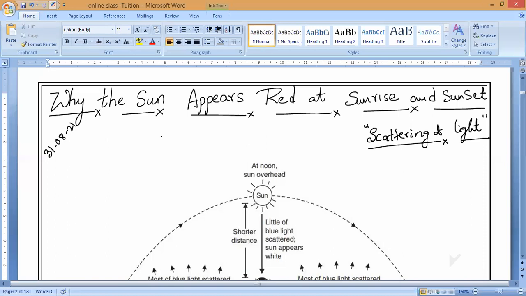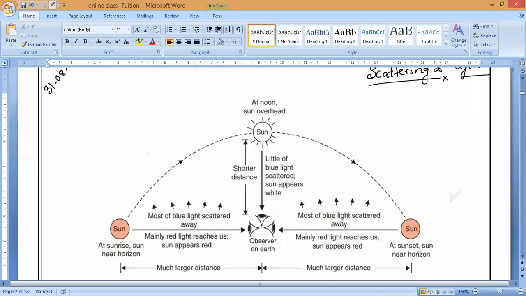If you observe very carefully, this picture will give you a clear idea regarding the sun during sunrise, during sunset, and at noon over our head. If you see here, the sun and the surrounding sky appear red at sunrise and sunset because at that time most of the blue color present in the sunlight has been scattered out.